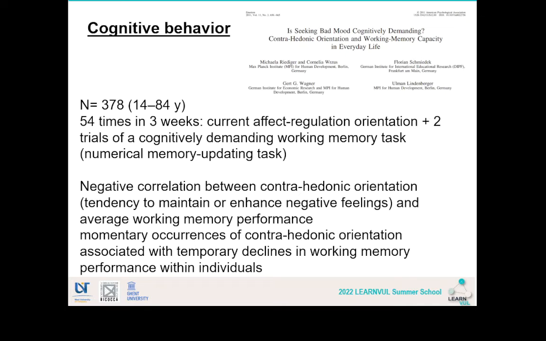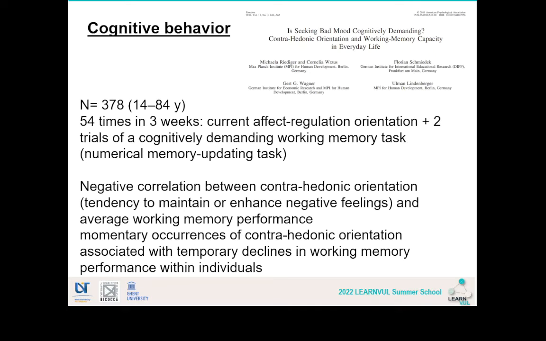Then there are some studies that collected data more intensively than self-report. So you have cognitive behavior. For example, this study looked at the relationship between mood and working memory performance.